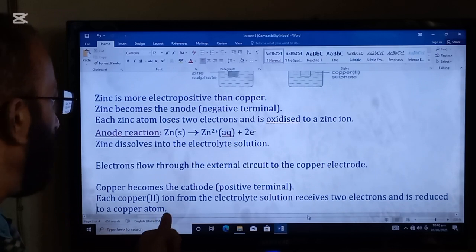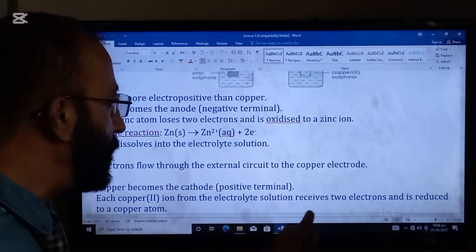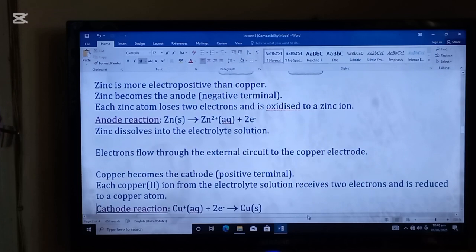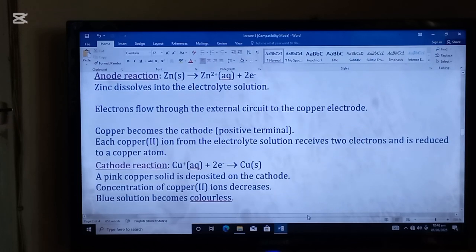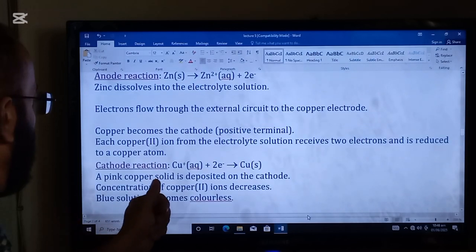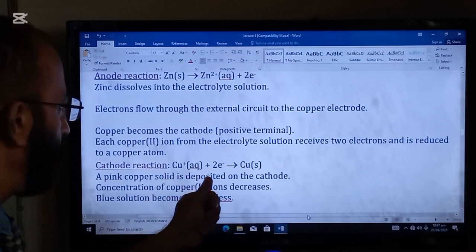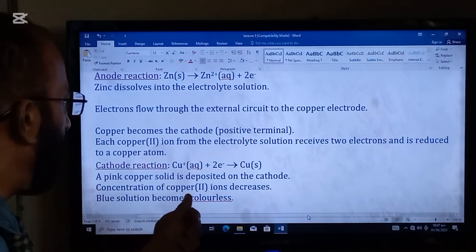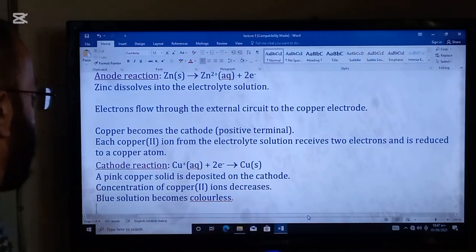Each copper ion from the electrolyte solution receives 2 electrons and is reduced to a copper atom. And the cathode reaction will be Cu2+ plus 2 electrons form Cu. A pink copper solid is deposited on the cathode.